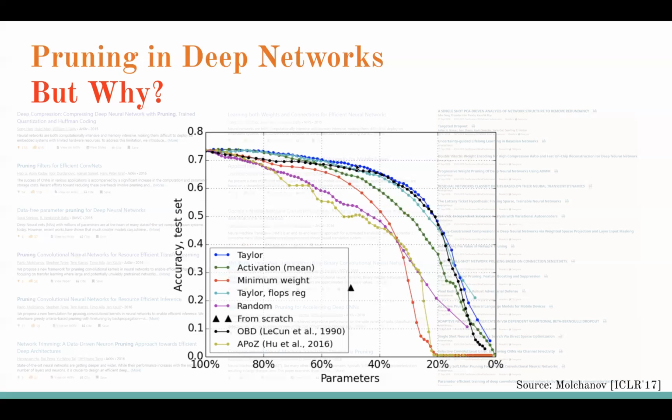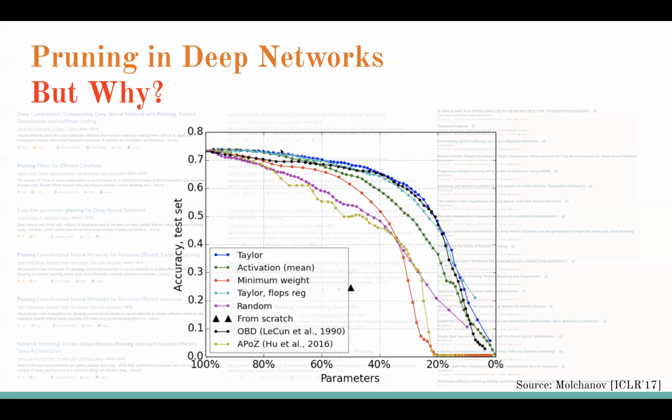But what is most shocking is, if we actually started this original network with half the actual weights, and if we train them from scratch, they don't do so well. They do terribly in that task. And for a long time, people were really perplexed by this. It's like, why, right?